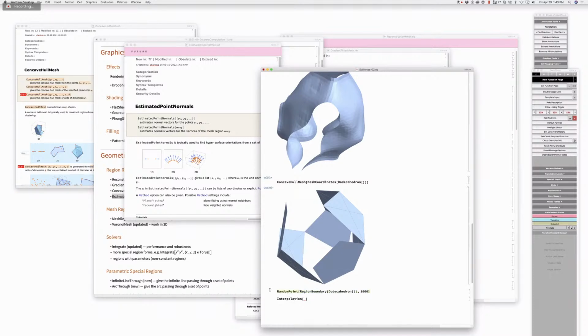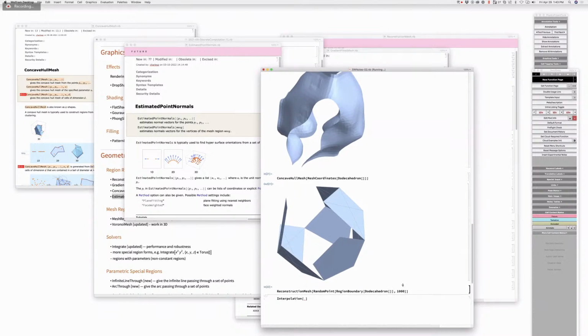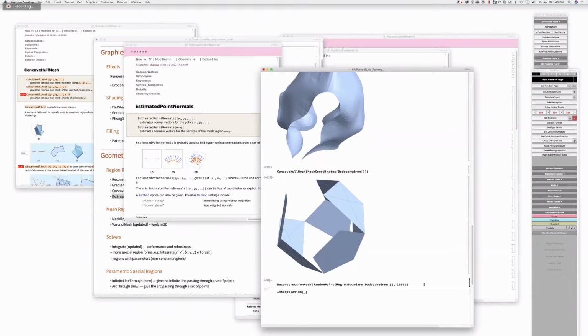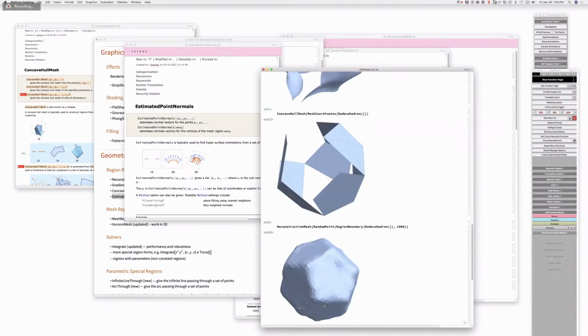And now I say reconstruction mesh of this. It will still look smooth, probably, but less. Why is it taking so long? That's pretty good.